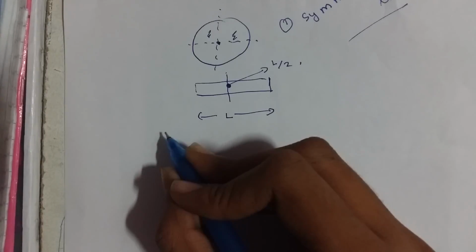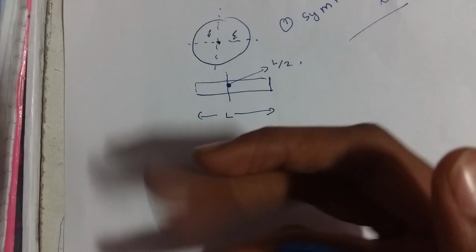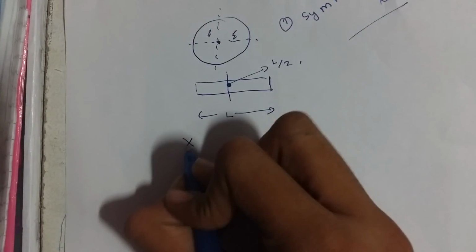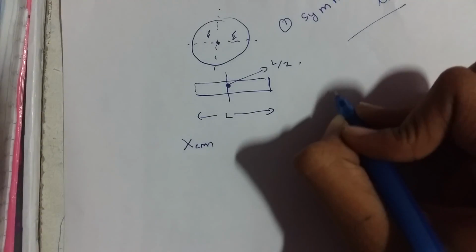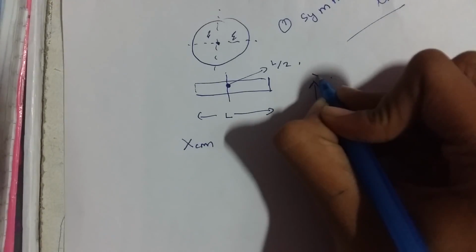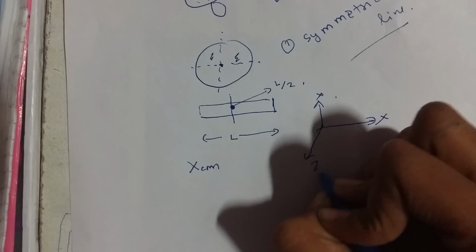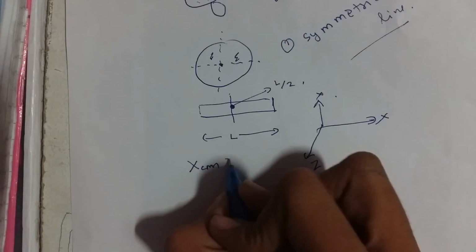Now I would tell you three basic formulas for finding center of mass. If the center of mass is in the x direction, as you know the axes are x, y, and z in the third dimension, so what is xcm?